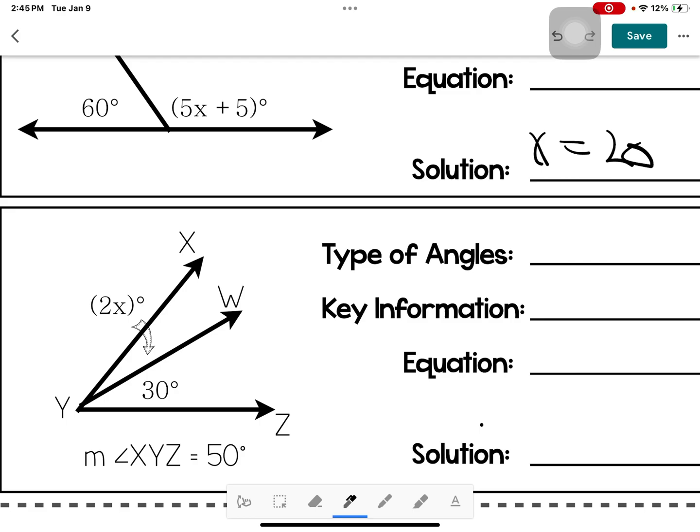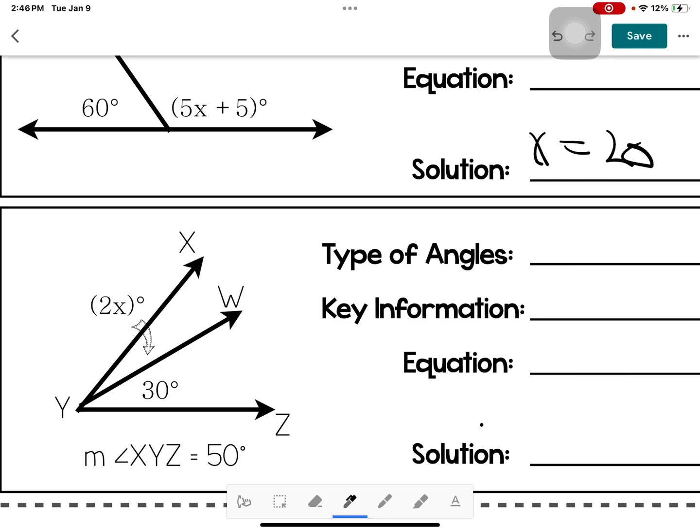Listen to me. You need to know what this means. M is short for measure, right? Measure of angle. That means angle. Sometimes there's a line through it, sometimes not. The measure of angle XYZ is equal to 50.